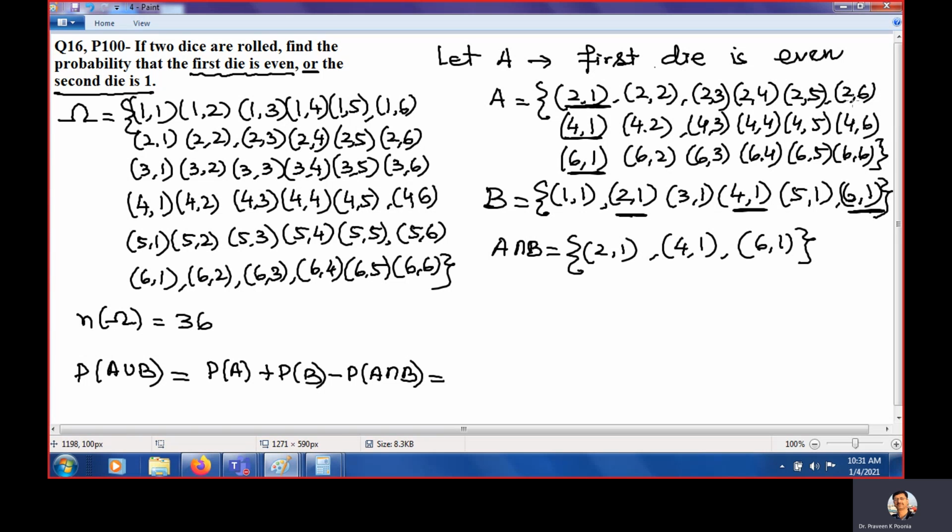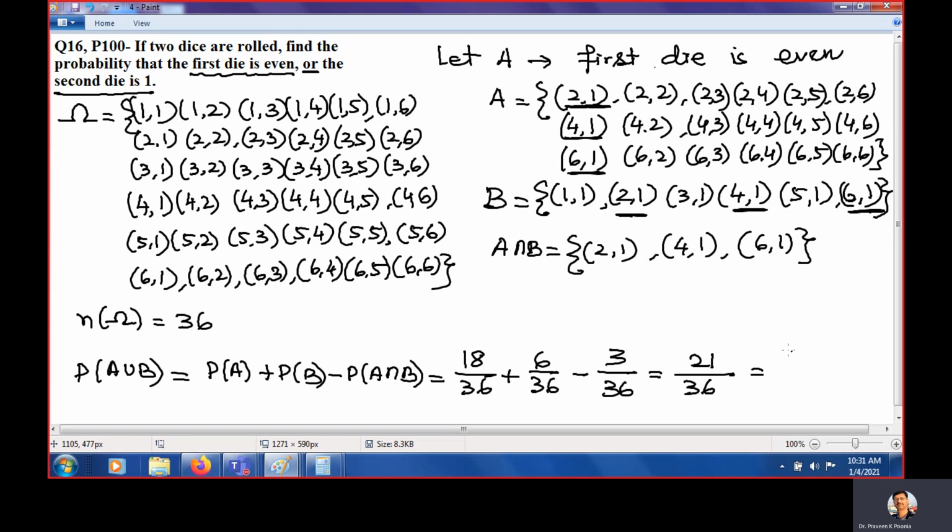So now P(A), how many? 6 times 3 is 18 upon 36 plus 6 upon 36 minus 3 upon 36. And it will be 24 minus 3 is 21 upon 36.